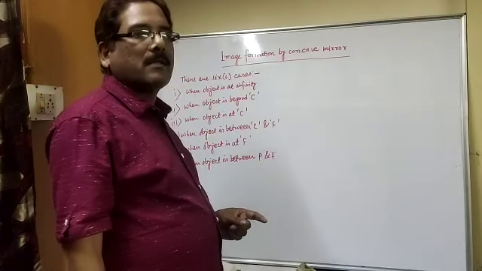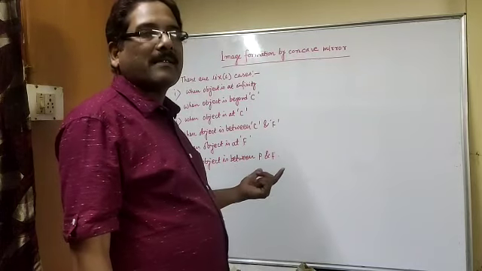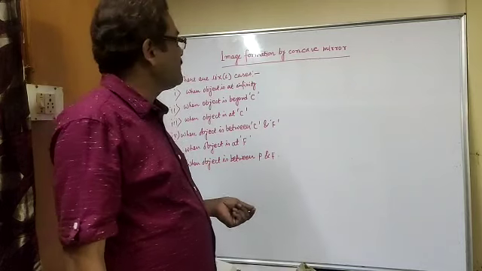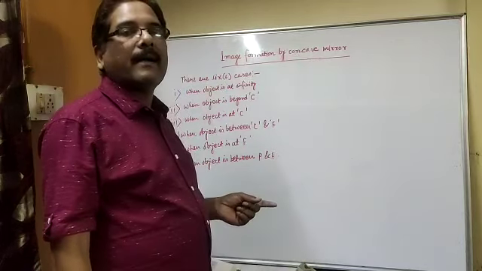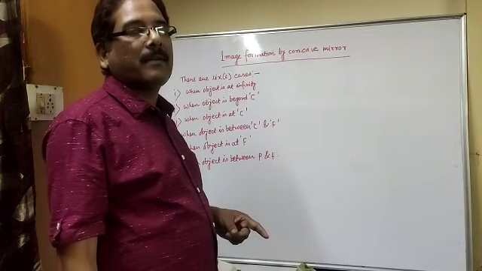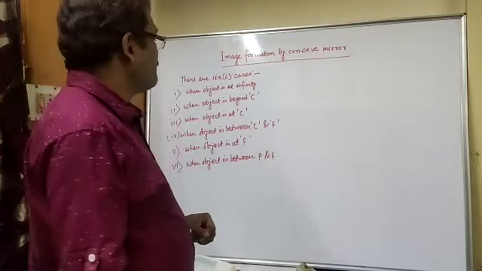Another rule was just the opposite of it: when a ray of light passes through the focus, it becomes parallel to the principal axis. And the third rule was that when a ray of light passes through the center of curvature of a spherical mirror, it returns back along the same path after reflection.